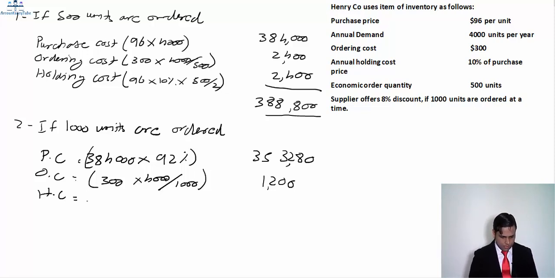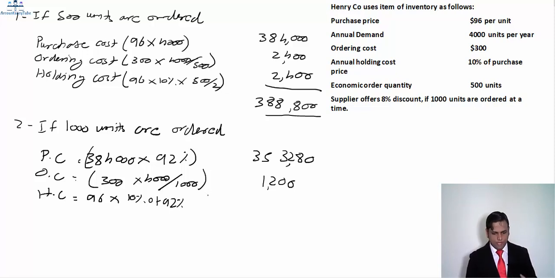Okay, we have got that is 96 of purchase price multiplied by 10% of 92% of this total figure.